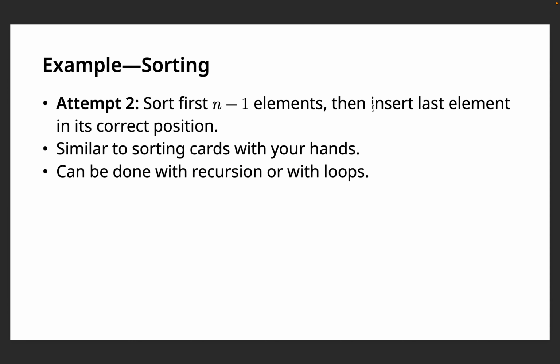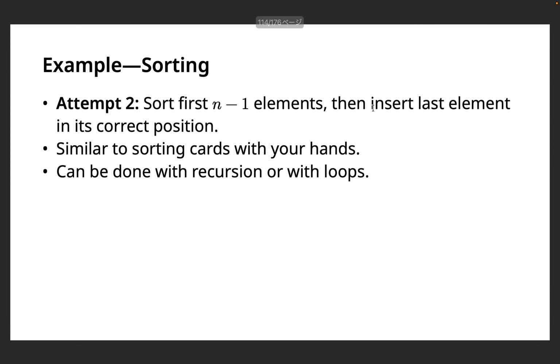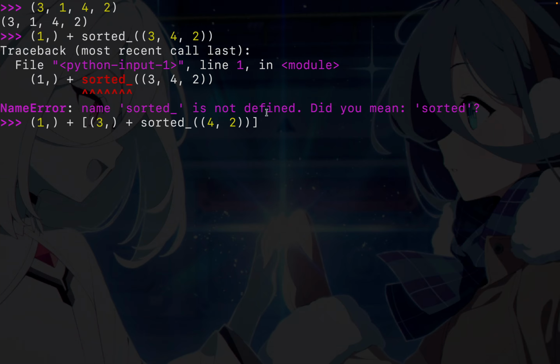So here, for the sorting of the n-1 elements, let's say you have this example here, 3, 1, 4, 2. What you're doing here is you sort 3, 1, and 4 first, so that's 1, 3, and 4. Then you decide where to put the number 2. This decision of where to put the number 2 is the bottleneck of this algorithm.